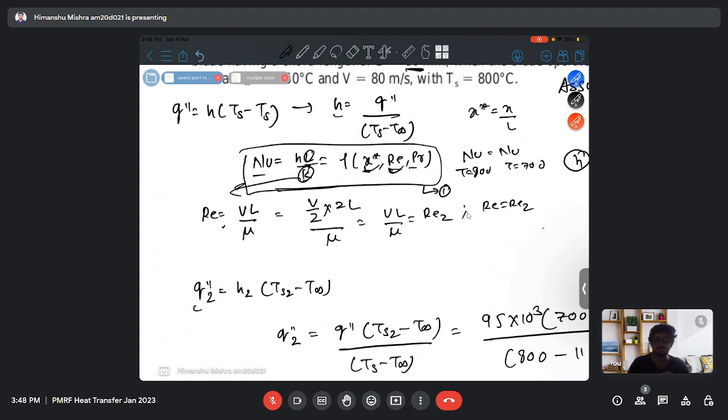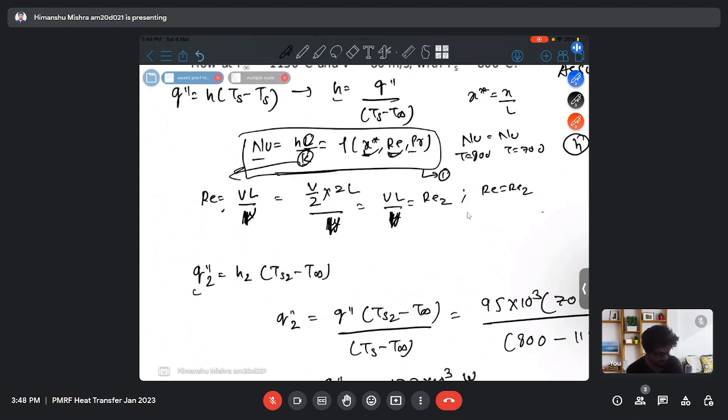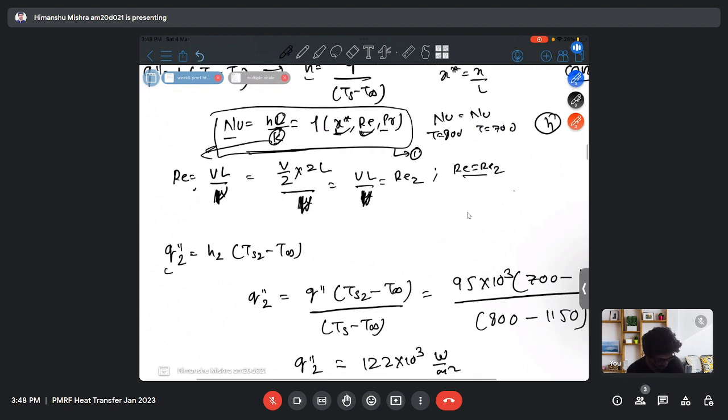This Reynolds number, I think density is missing. You should have, otherwise you should have written kinematic viscosity nu. Yeah, so I found. In that case, the Reynolds number is unchanged. So my X star, Reynolds number and Prandtl number are the same, and we need to determine whether my heat transfer coefficient is changing or not.